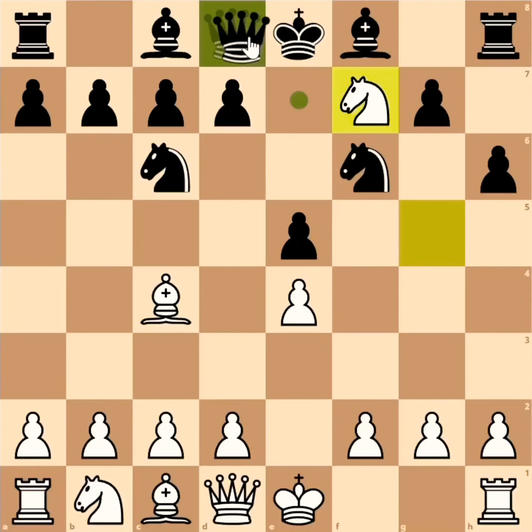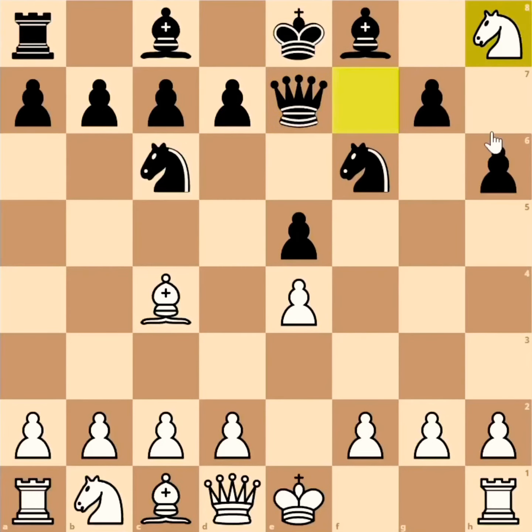So obviously a queen is more valuable than a rook, so black's going to need to move the queen, and white just takes. And you don't really need to worry about the knight dying, because getting a rook for a knight is a really good deal, like one of the best deals you can probably get.